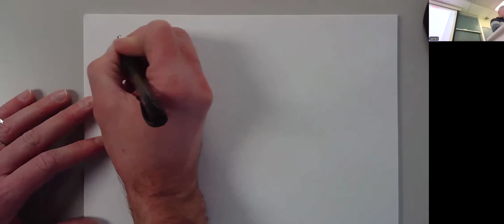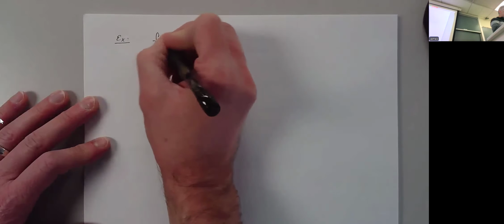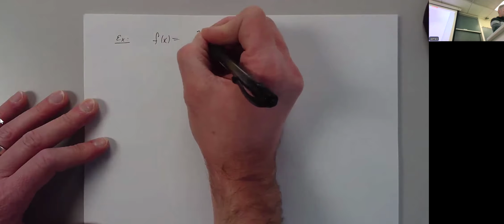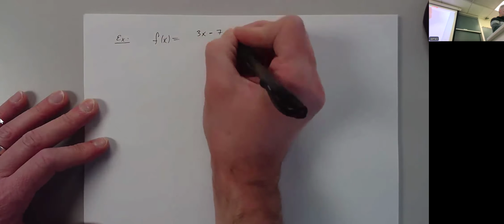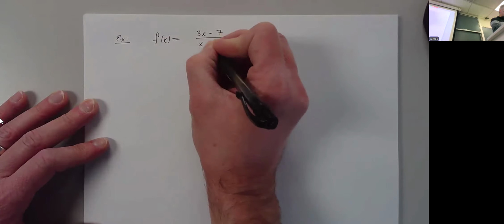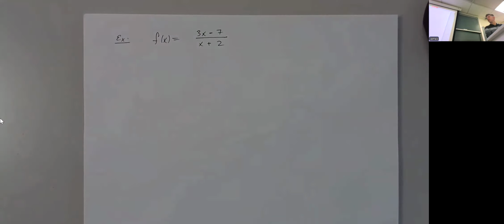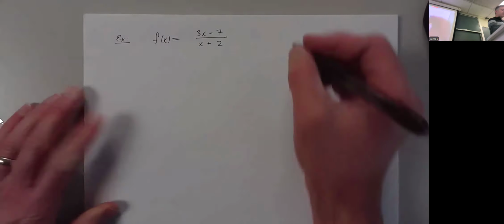So let's look at another example, which is one of my favorites. Let's say our function was 3x minus 7 over x plus 2. Before we find the inverse, one point of interest here, let's talk about the domain.